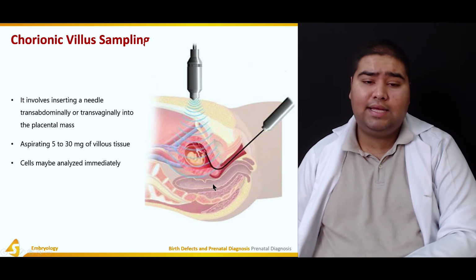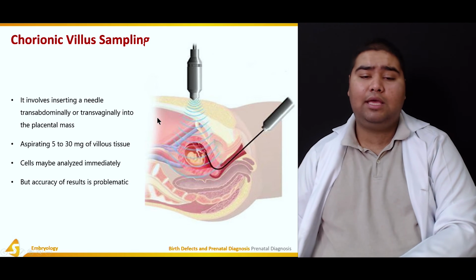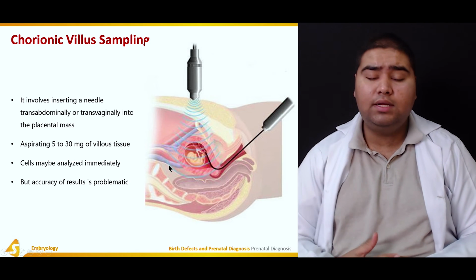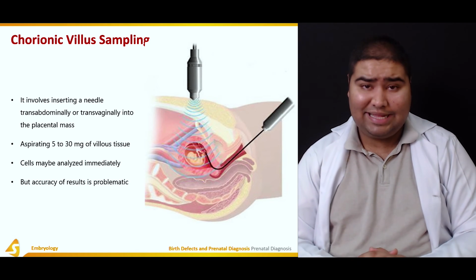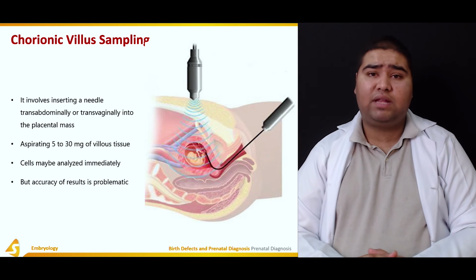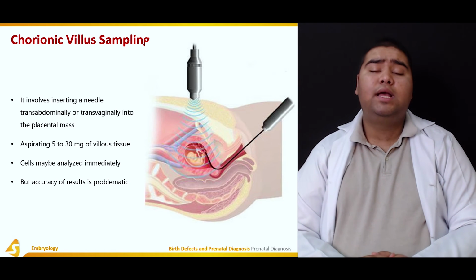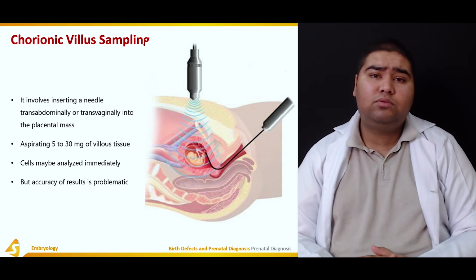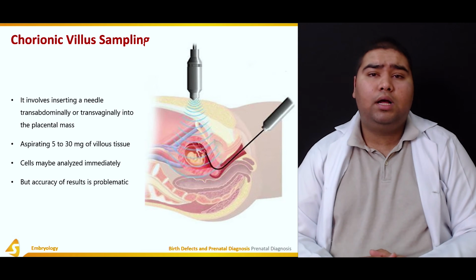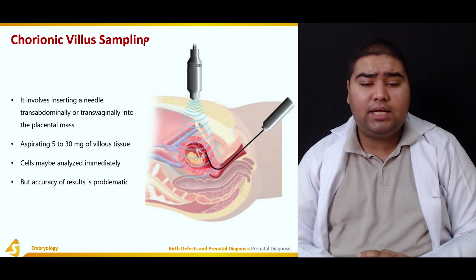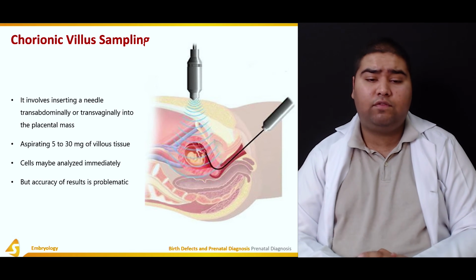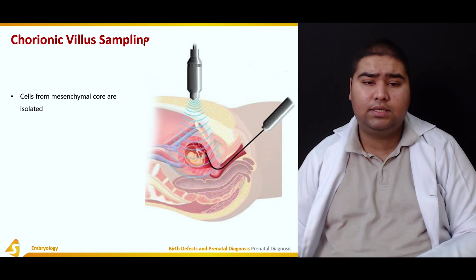Cells may be analyzed immediately. However, the accuracy is problematic because placental cells are rapidly dividing. They may be at various stages of division, and there are also cells with multiple nuclei. So it becomes very difficult to form an accurate diagnosis.